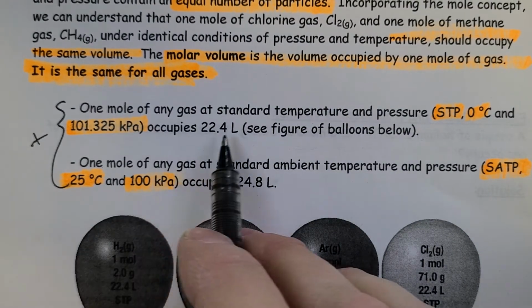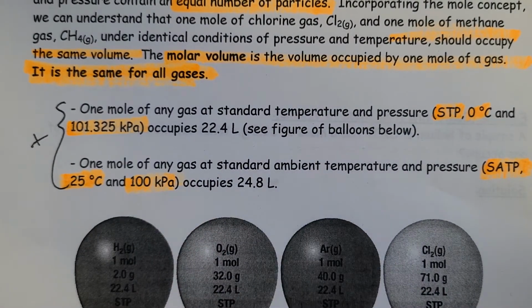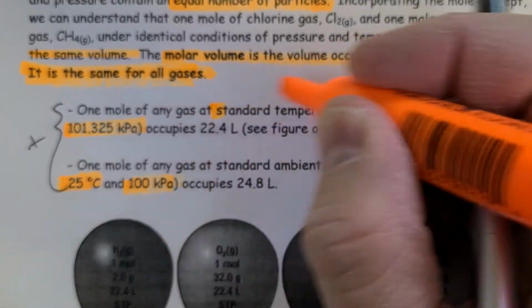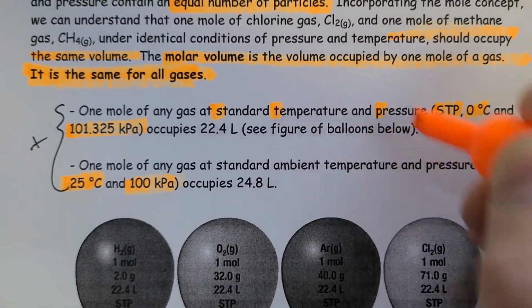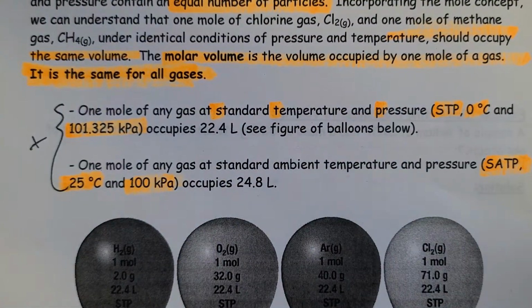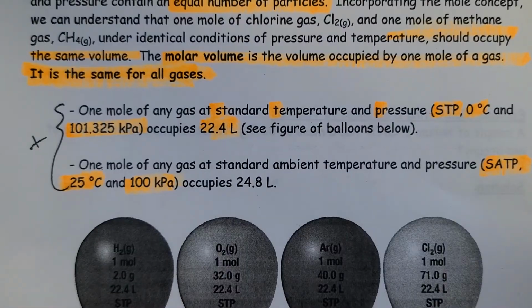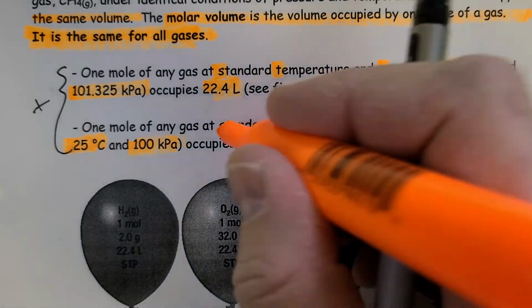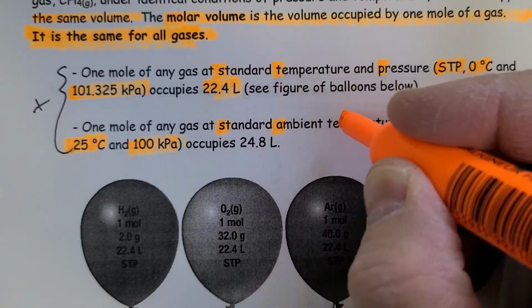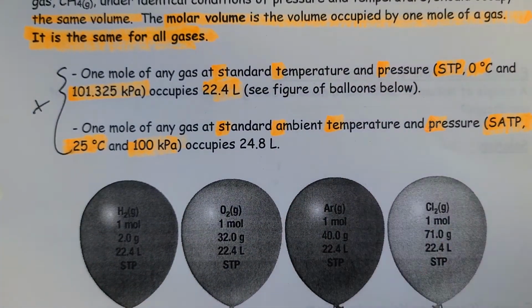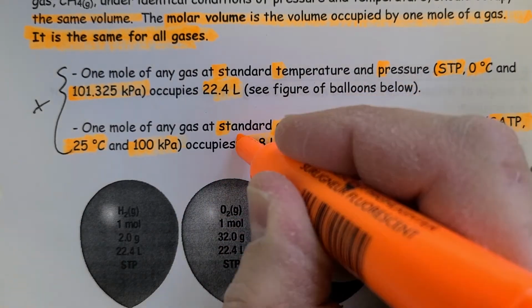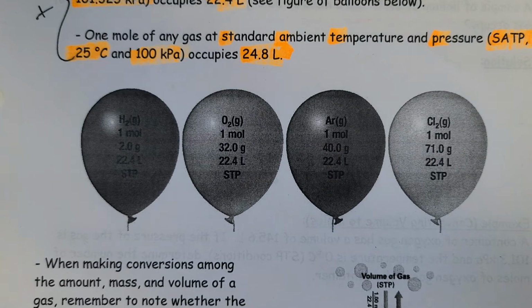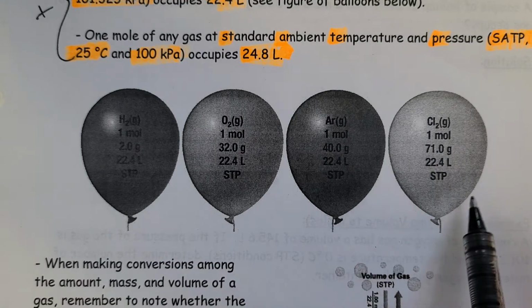So 1 mole of any gas at standard temperature and pressure, that's where the STP comes from, occupies 22.4 liters. And 1 mole of any gas at SATP, which is standard ambient temperature and pressure, occupies 24.8 liters.